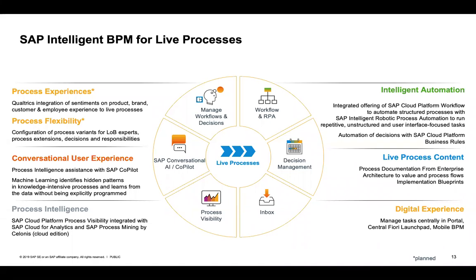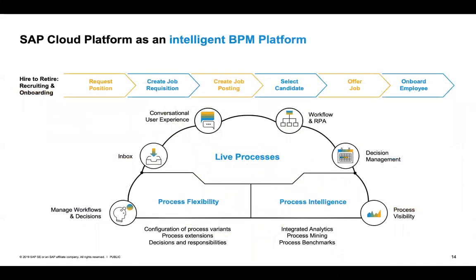So having said this, now let's come to a more concrete example of how Intelligent BPM as part of SAP Cloud Platform could be used. The demo which I would like to show you is based on the hire to retire scenario. Of course, a really important scenario. If you think about it, in each and every company you will find this.